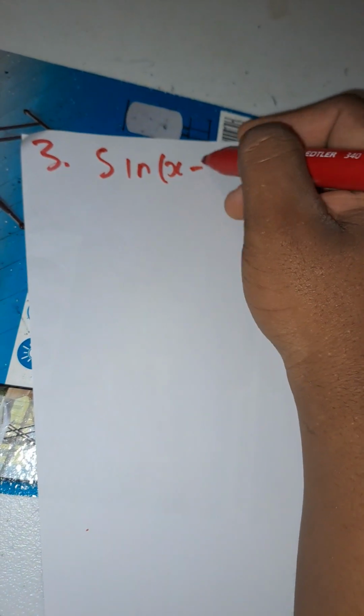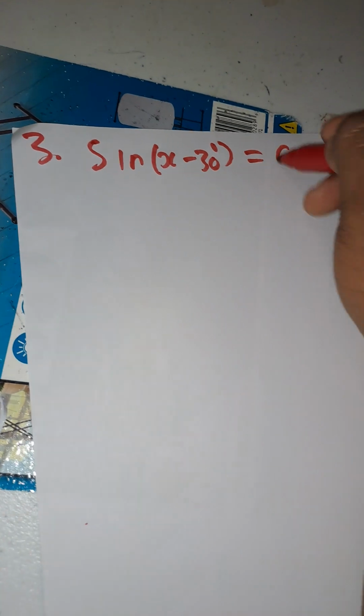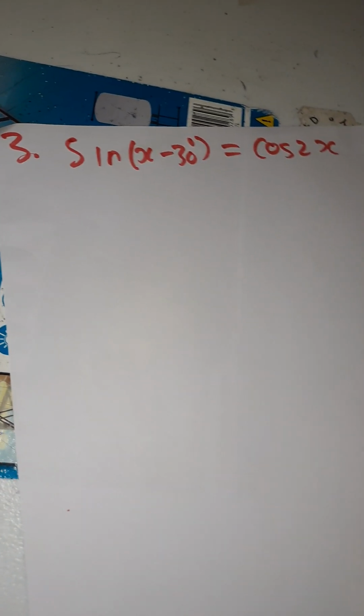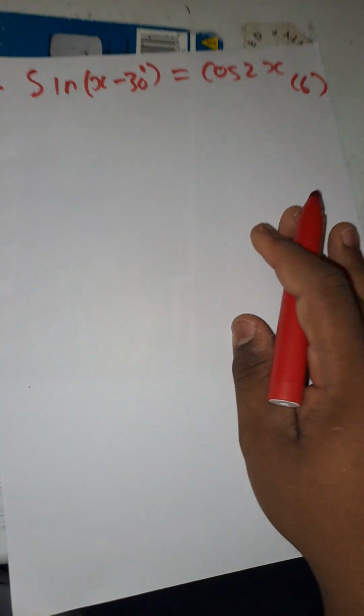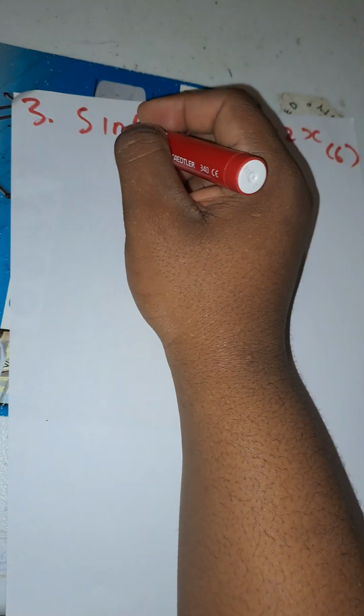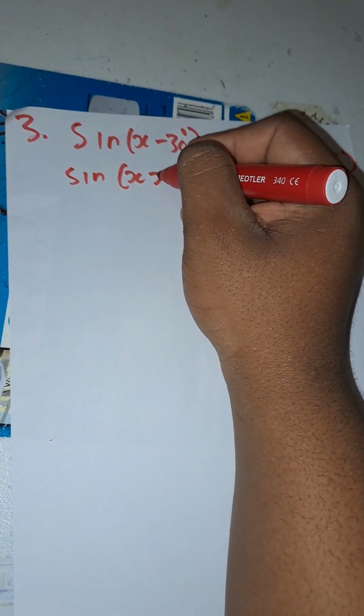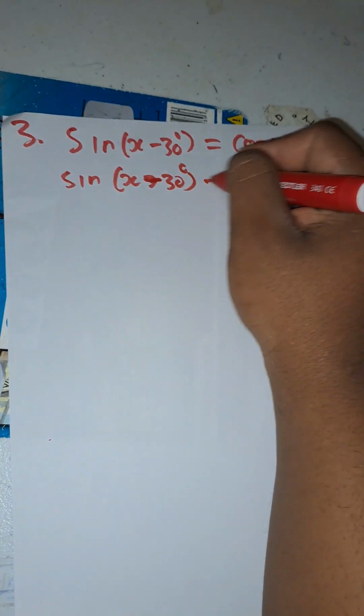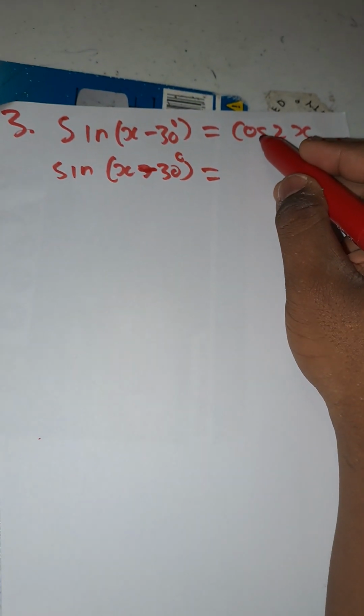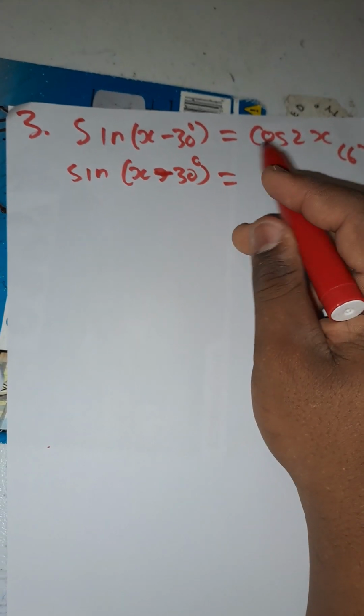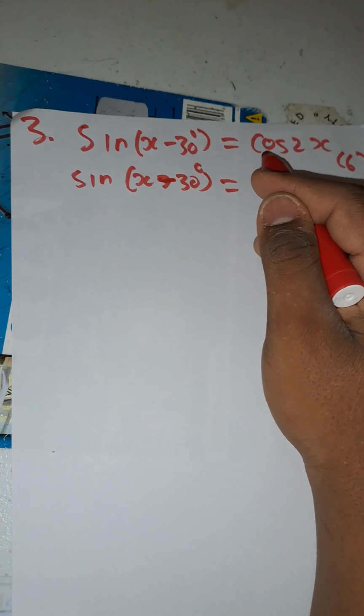Pay attention. sin 30 degrees is equal to cos 2x. They ask to find the general solution, 6 marks. So for this one, I have sin(x - 30 degrees) equal to cos 2x. I have to make these two equations the same. I have to make this one sine.